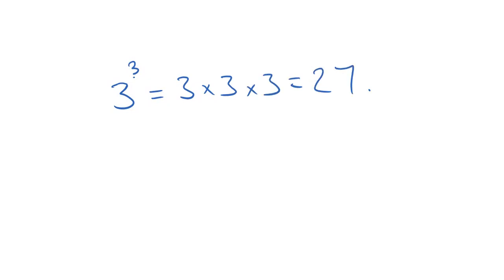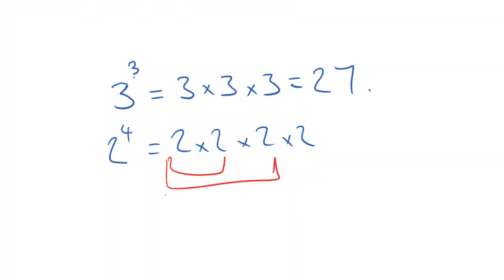Well, that's going to be 27. 2 to the power of 4 means 2 times 2 times 2 times 2. Now, if you're doing this in your head, do it in stages. 2 times 2 is 4, and then 4 times 2 is 8, and then that 8 times another 2 is 16. So 2 to the power of 4 is 16.